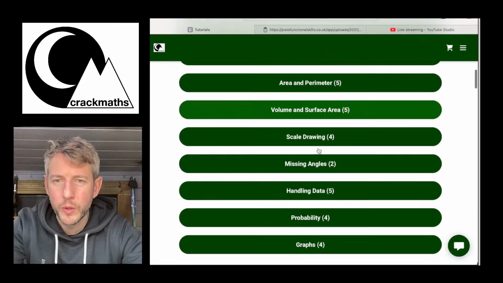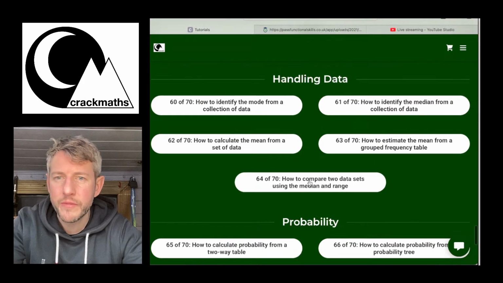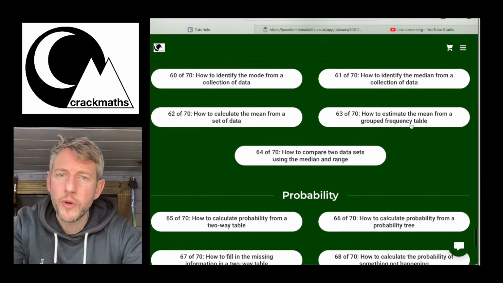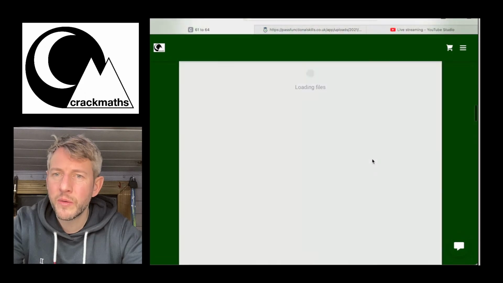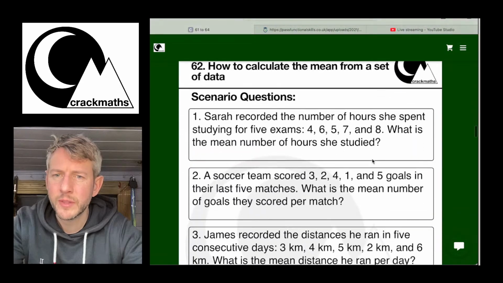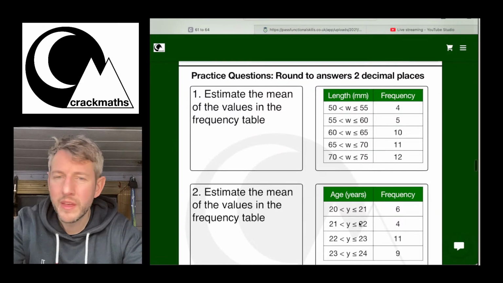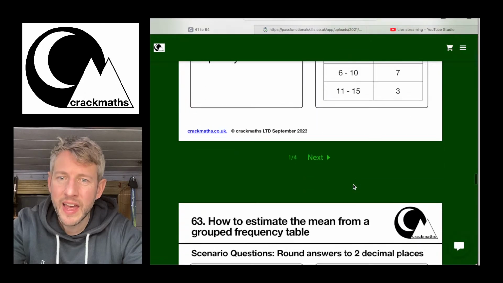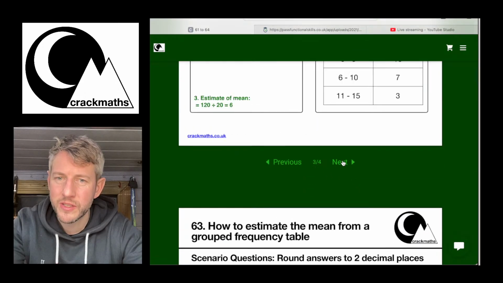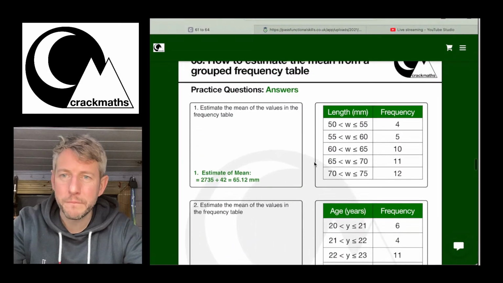So say, for example, you wanted to have a look at some more handling data questions like we've just done. Here we go. We've got a topic here, how to estimate the mean from a group frequency table. So there's a video that explains that, and there's a bunch of questions here. And always remember that if you go to the end of these questions, you can find the answers there as well, so you can mark that.